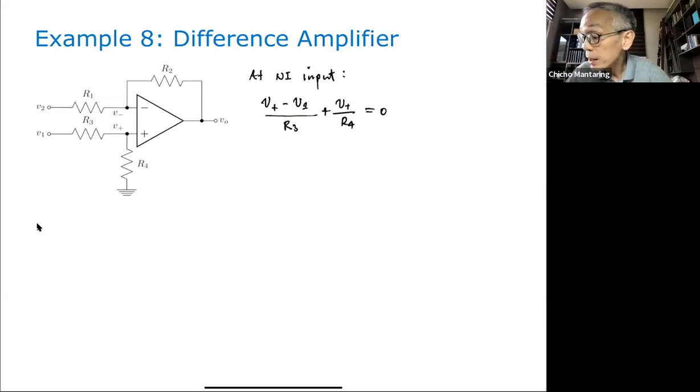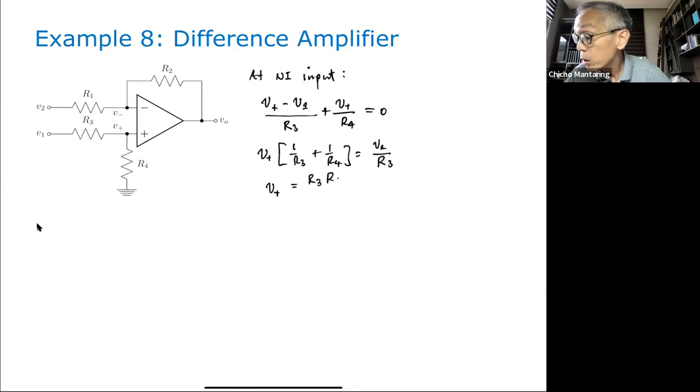You have V plus times 1 over R3 plus 1 over R4 is equal to V1 over R3. What is V plus now equal to? You get R3 R4 over R3 plus R4 times V1 over R3. So yung R3 nagka-cancel out. So this is R4 over R3 plus R4 multiplied by V1.